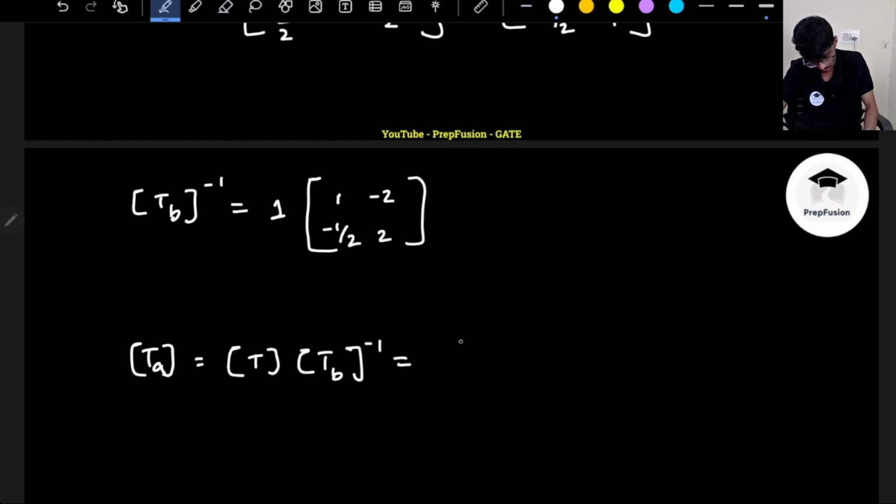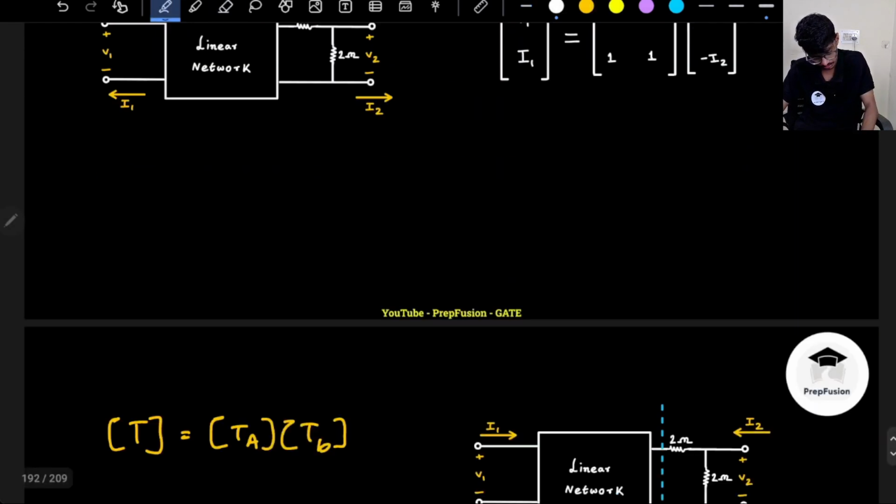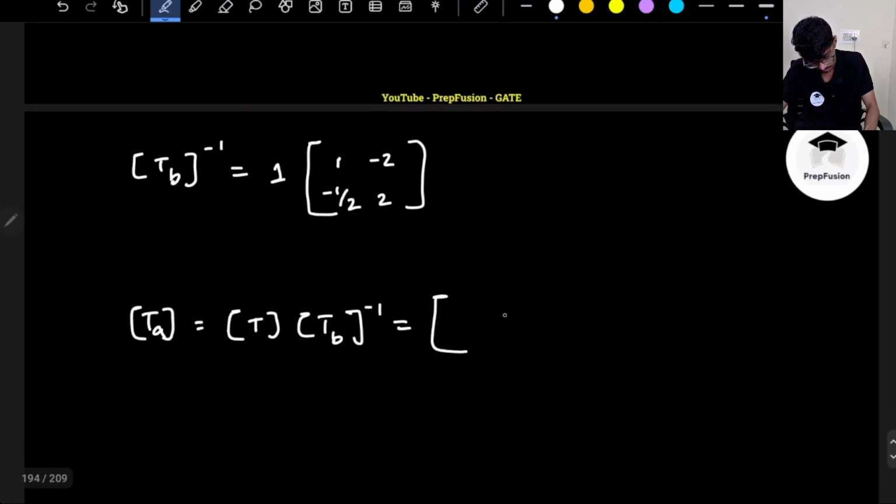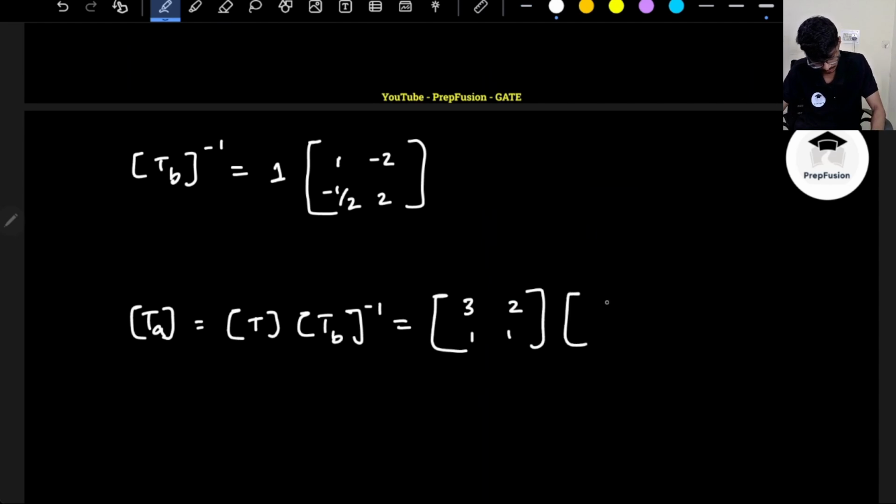So what is T? T is 3, 2, 1, 1, and TB inverse is 1, minus 2, minus 1/2, 2.